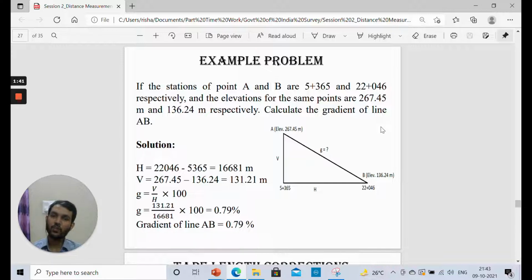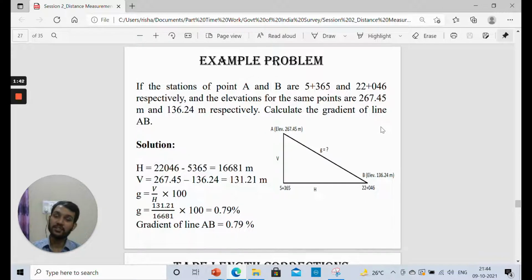Unless it is mentioned, we will take this distance as 5365 meter for station A, and for station B 22 plus 046, that is 22046. This time we will multiply by 1000, because after the addition the value given is up to 3 places.